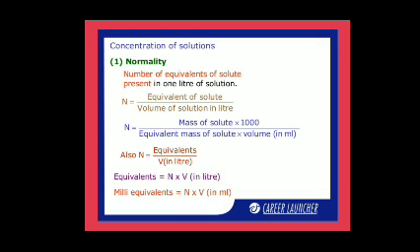Also, N is equal to equivalent weight of solute by volume of solution in liters. Therefore, equivalents of solute is equal to normality into V in liters. Milliequivalents is equal to normality into volume of solution in milliliters.